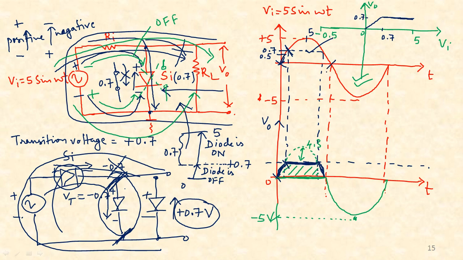Then during the negative half cycle, as the input varies from 0 to minus 5, the output is also varying from 0 to minus 5. So it is just a linear increase. So this is how the transfer characteristics look. I hope this is clear for you, students.